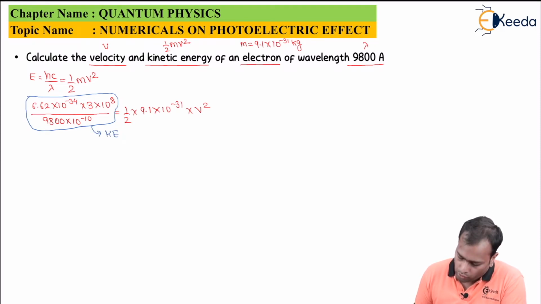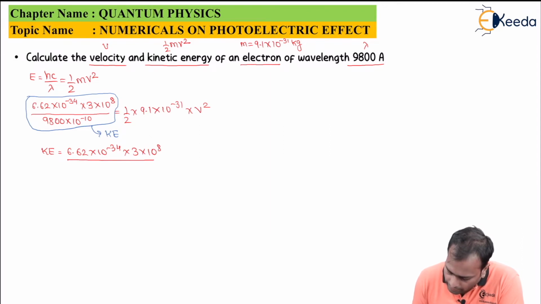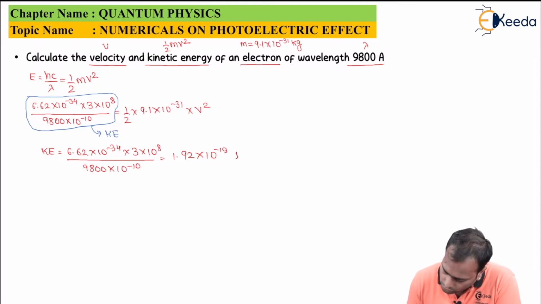Now, on solving this, first the kinetic energy equals 6.62 into 10 to the power minus 34 into 3 into 10 raised to 8 divided by 9800 into 10 to the power minus 10. On solving this, you'll be getting the value as 1.92 into 10 to the power minus 19 joules.